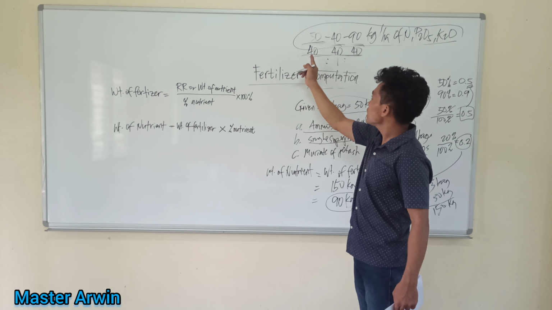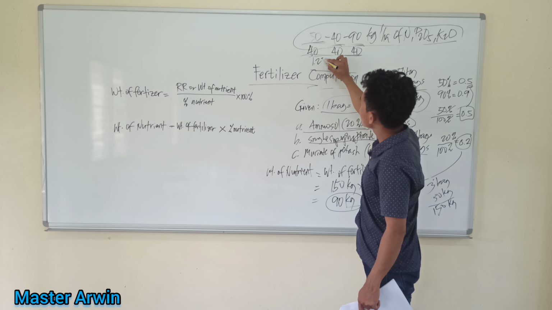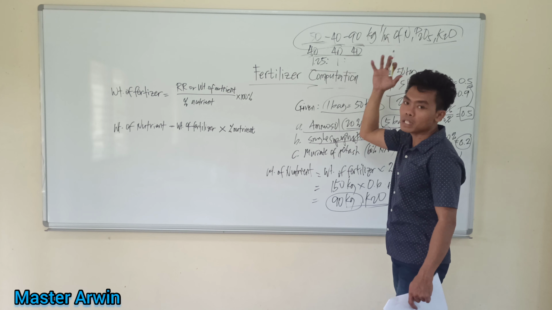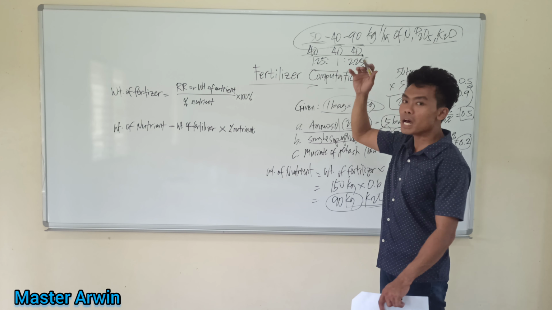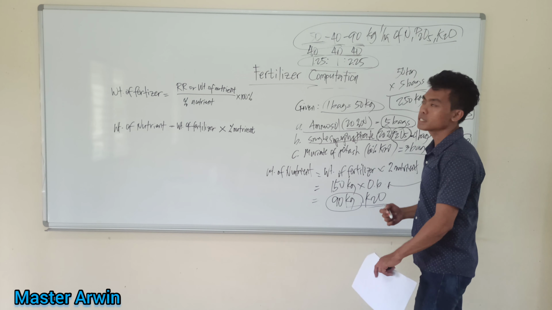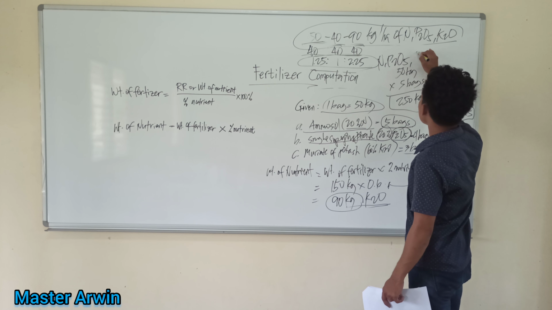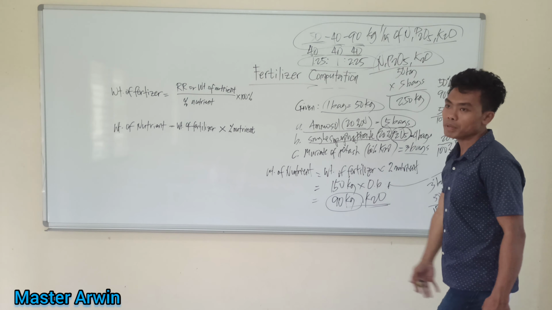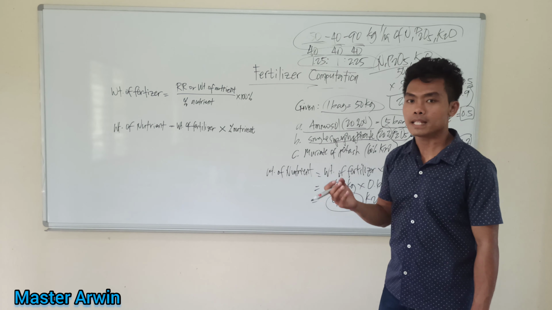And then 50 divided by 40, that would be 1.25. And then 90 divided by 40, that would be 2.25. So now this is the ratio of our nutrients, which is N, P2O5 and K2O. Okay, so that would be the ratio of the following nutrients.